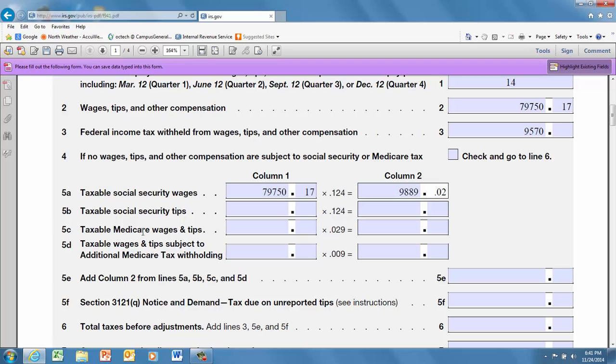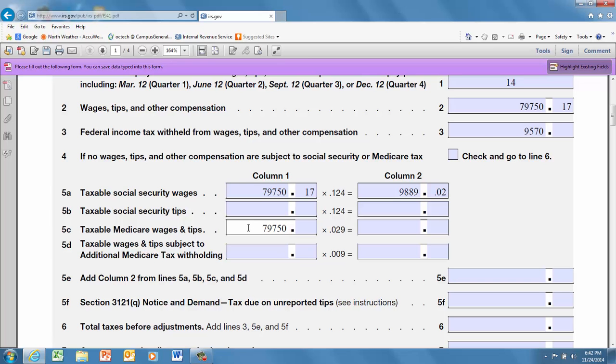5C is taxable Medicare wages. Now, Medicare does not have a maximum, and so all of the wages are taxable for Medicare. Okay? So, again, we have 79,750. Oops.